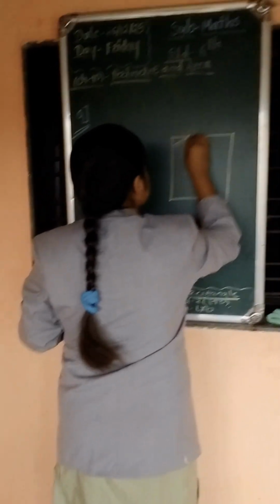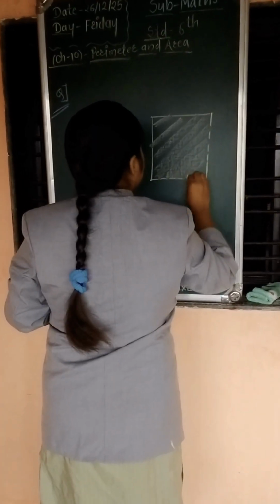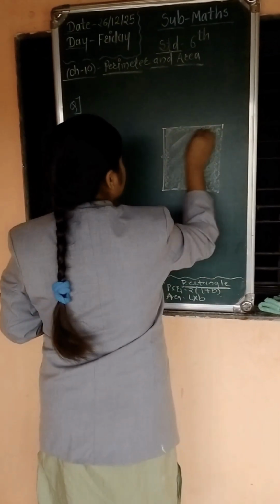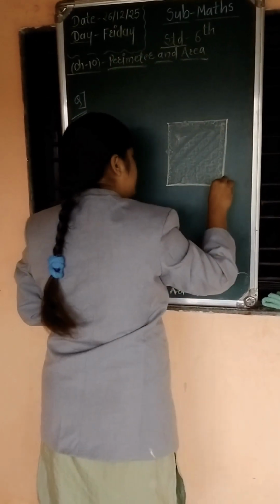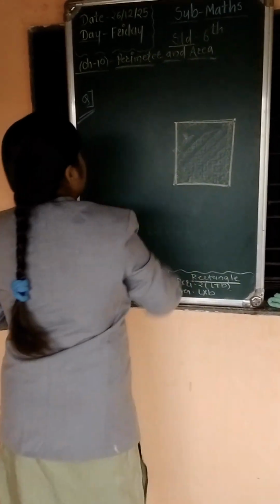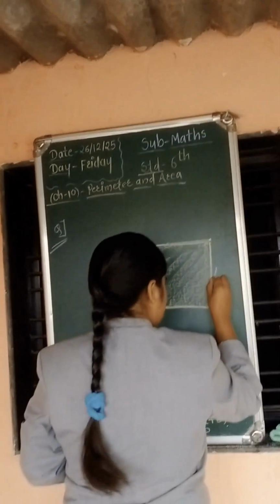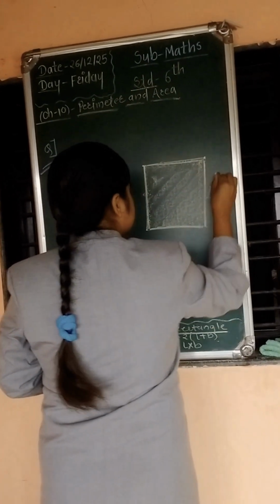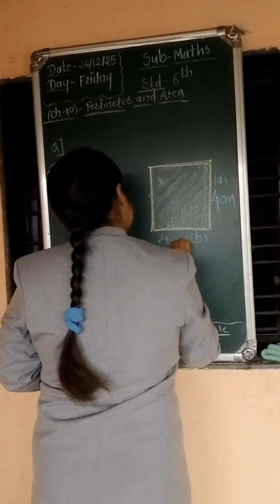We have to find the area of this classroom, the space inside this closed figure. The length of side A is 4 centimeter, and side B is also 4 centimeter.